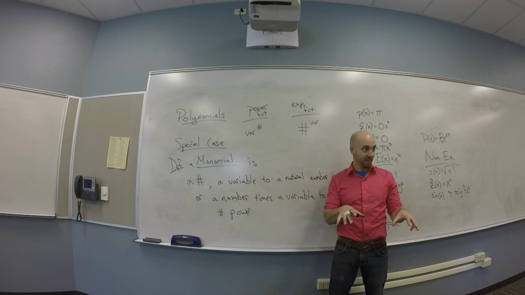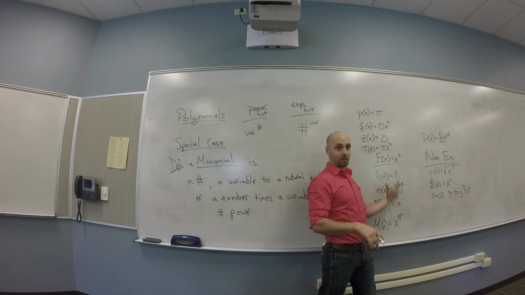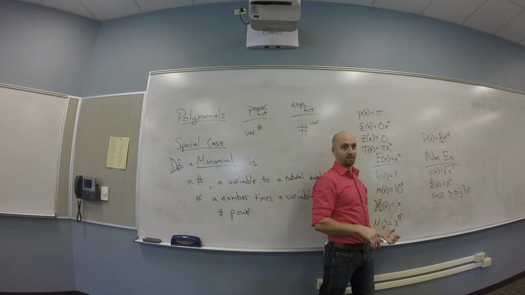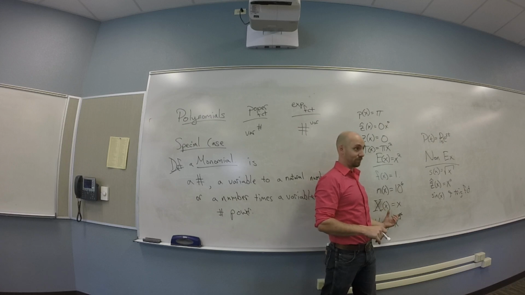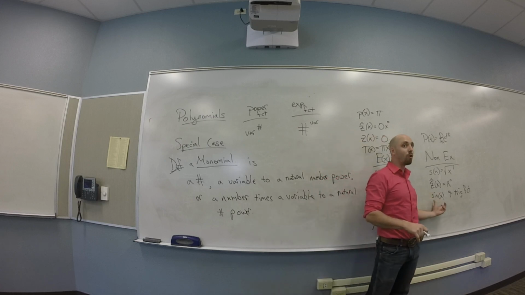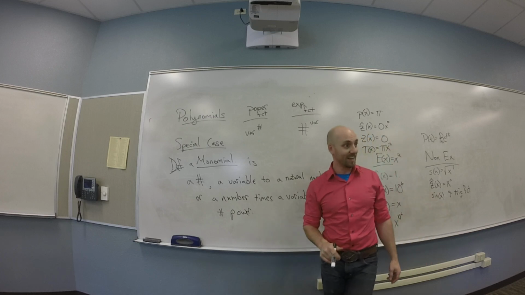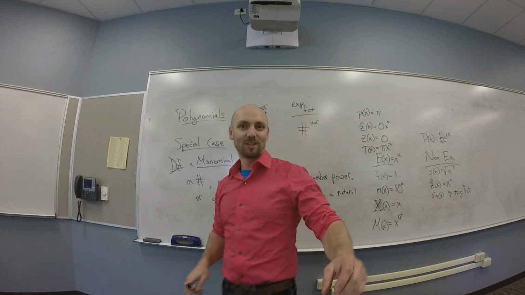That's only three things, right? There are infinitely many functions in there, infinitely many choices for the number and infinitely many choices for the variable's power. But there's way more things over here. More than infinity. Yeah, it's totally great.